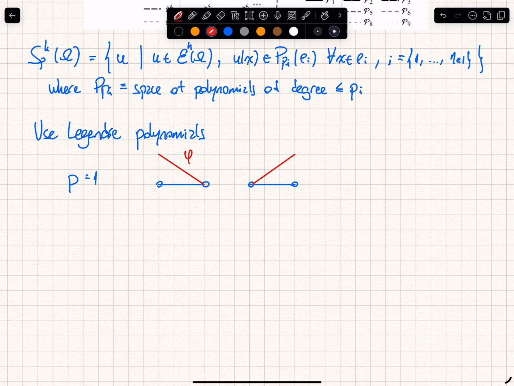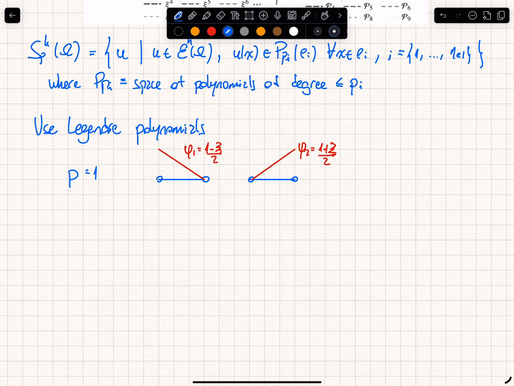These are going to be the same. Phi1, Phi2 is equal to (1 plus xi) divided by 2. Notice that I use xi, so that means that I'm defining already these polynomials in the master element. These don't change. And so for p equals 2, I'm going to be adding something on top of that.